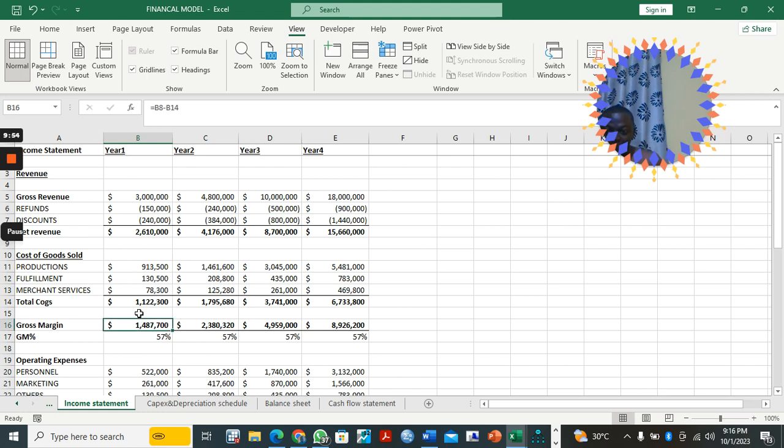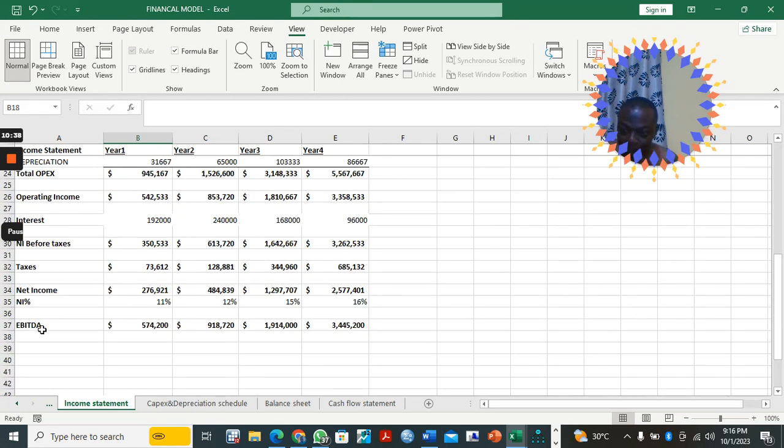Gross margin is total net revenue minus our total cost of goods sold. To get the gross margin percent, which tells us at what level the company is operating to make profit, and what percentage of operations the company needs to break even or make profit, we take the gross margins over our net revenue, and that gives us the percentage of gross margin.